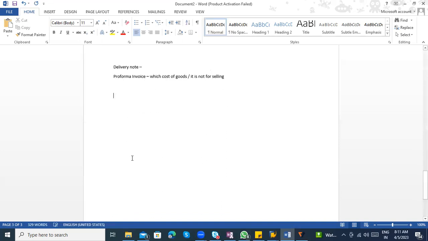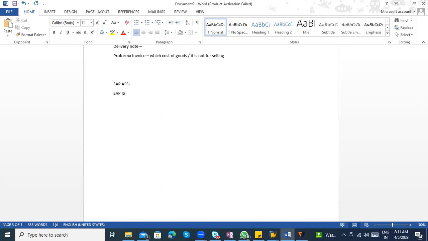Here you need to understand that we have SAP AFS separately, and SAP IS Retail is separate. SAP IS Oil is different, and there is also SAP IS Mill.